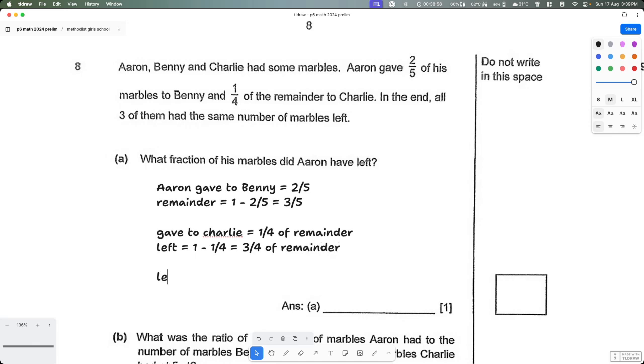So that means what is left is 3/4 times 3/5, which is equal to 9/20. So the answer is 9/20. All right, let's move on to the next question.